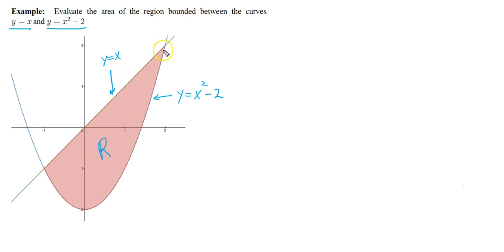So we need to determine the interval over which we're going to integrate. So we need to find where the two functions intersect. If we set x squared minus 2 equal to x, we can solve this for x.